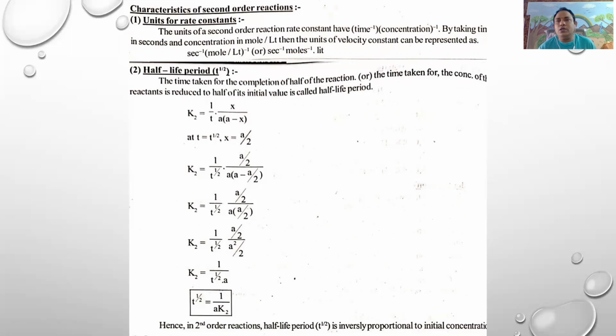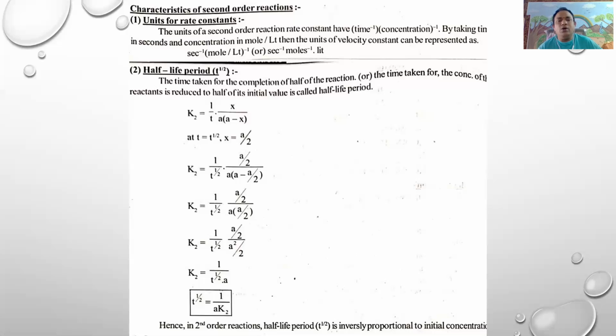But in the first order, the relation between the half-life period and rate constant is t-half equal to 0.693 by K1. Means the first order half-life period is independent of the initial concentration of the reactants. Means it doesn't depend upon the initial concentration.